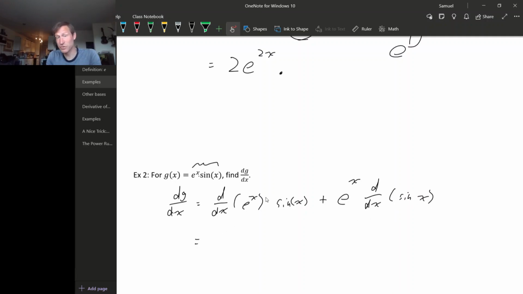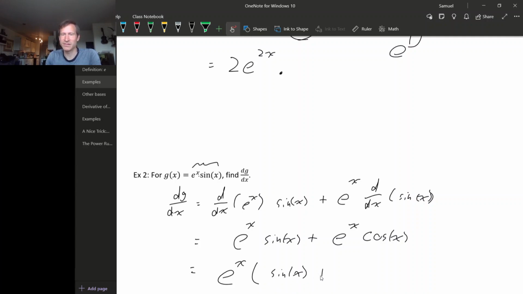So the derivative of e to the x, of course, is just e to the x, times sine of x, plus e to the x times the derivative of sine of x, which is cosine of x. And then if we wanted to, we could factor out this e to the x: e to the x times sine of x plus cosine of x.